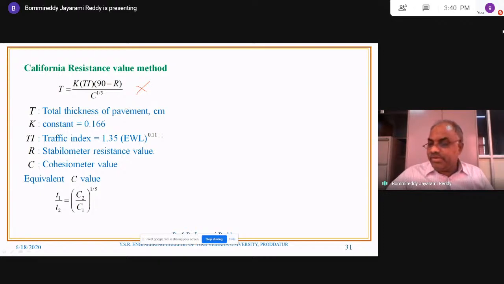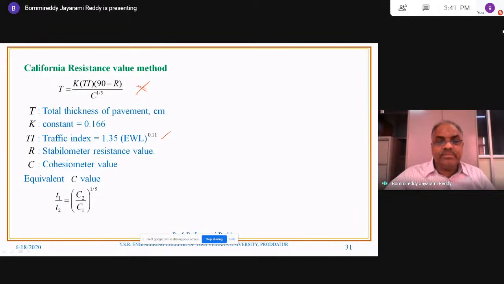TI means traffic index, which is 1.35 into EWL power 0.11, R means stabilometer resistance value, and C is the cohesiometer value. Don't remember this equation because in the examination most of the questions will not be set on memorized formulas.